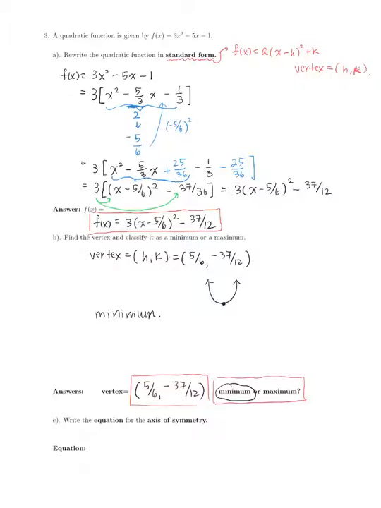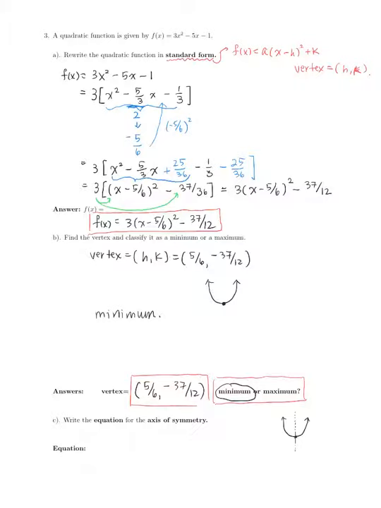All right, now, next one. Write the equation for the axis of symmetry. Now, jot down the vertex, and the axis of symmetry is going to go directly through that vertex. Notice that it's always gonna be x equal to the x value of your vertex.